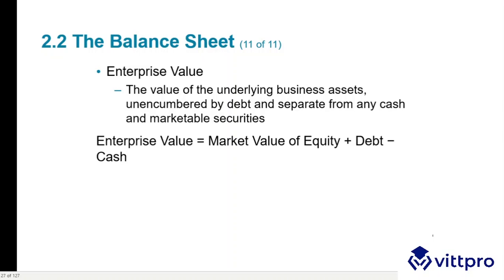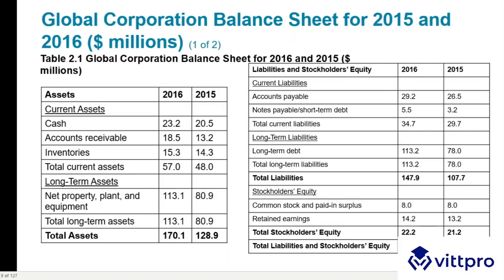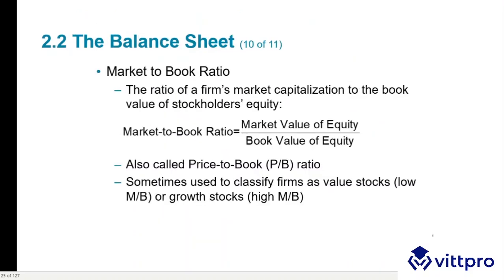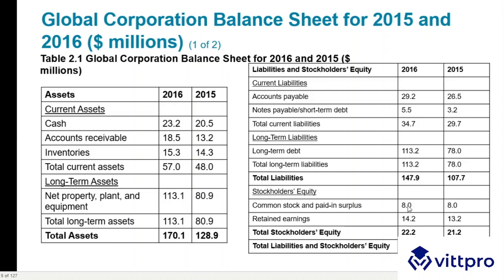So if you want to calculate the market value of the asset, let's say the share price here is $10. So there are 8 million shares, right? What would be the enterprise value of this company? How we calculate it is the market value of equity, which is 8 million times $10, which comes to 80 million, right?